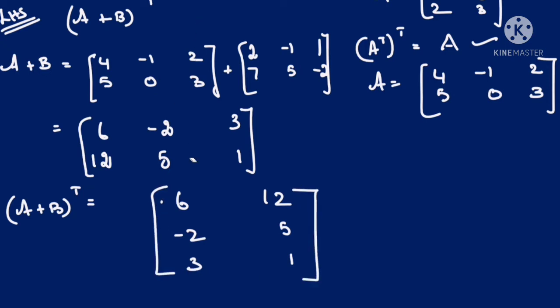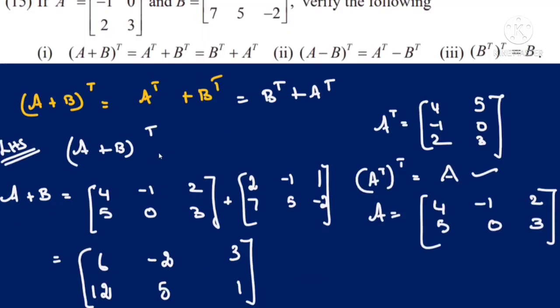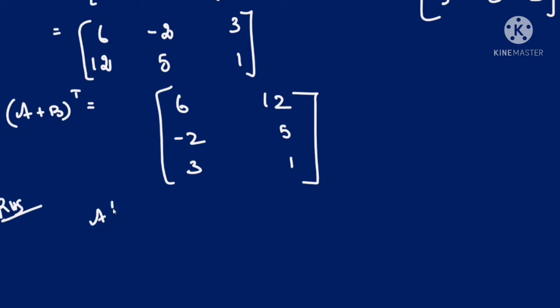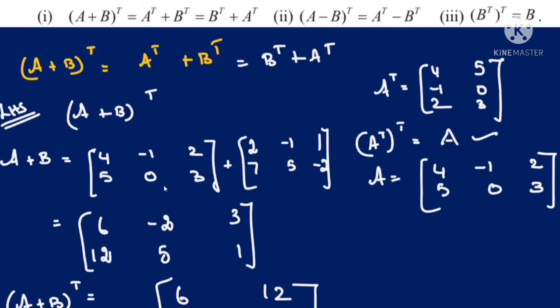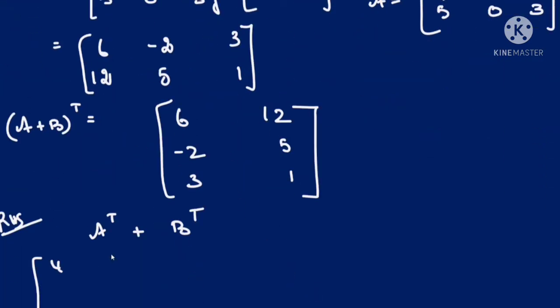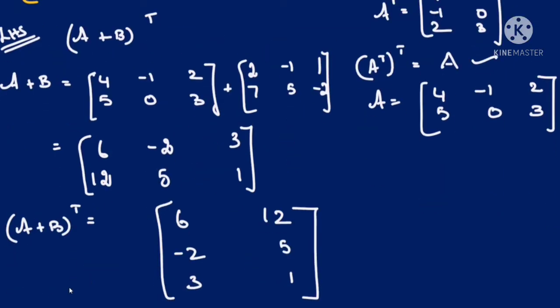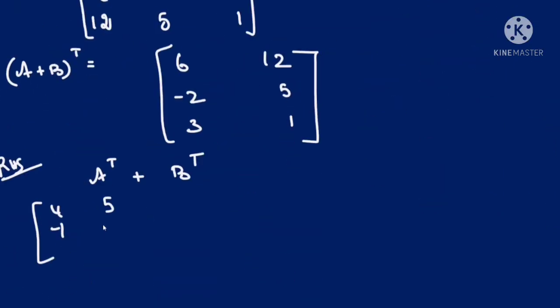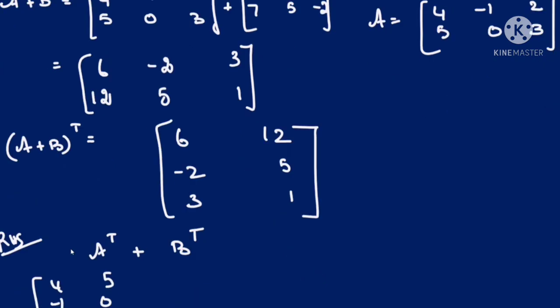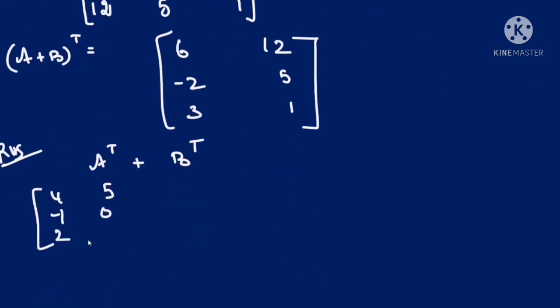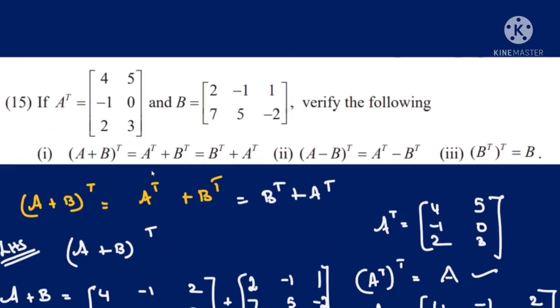Now we have to find the RHS, A transpose plus B transpose. This is A transpose, [4, 5, -1; 0, 2, 3]. What is B transpose? Matrix B is this.